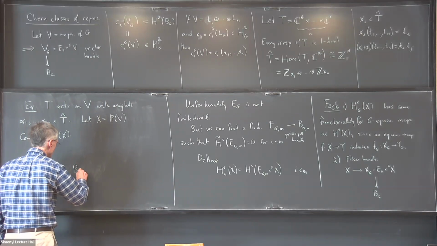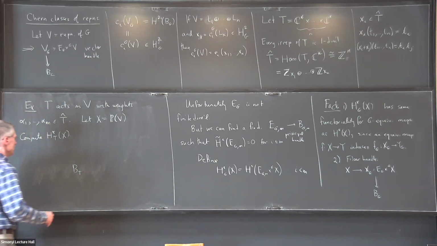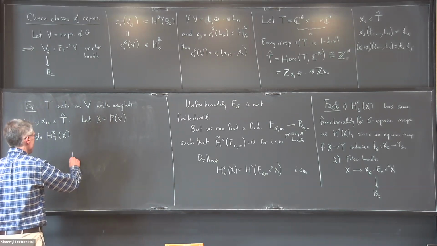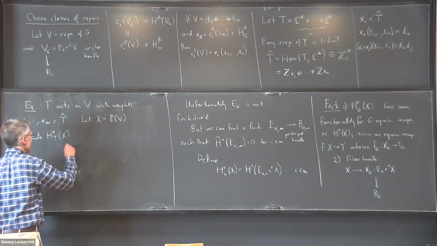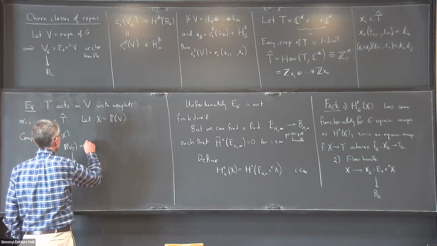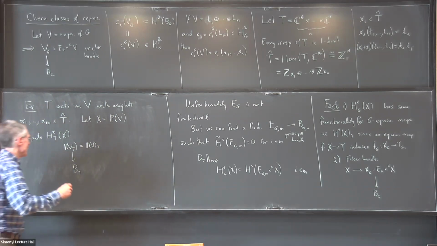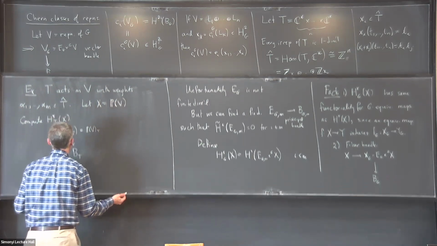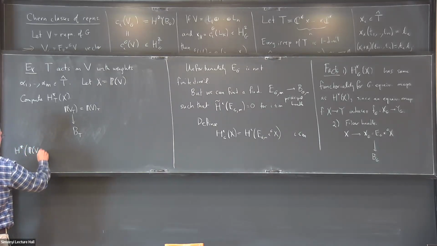I'm not going to use an approximation here at the moment. We could put an approximation, but let's not do that now. We have BT here, and we have the vector bundle VT, and we have P of VT. This is the bundle that we're trying to compute. P of VT is actually equal to P of VT, if we like. So what we have to do is compute H star of P of VT.